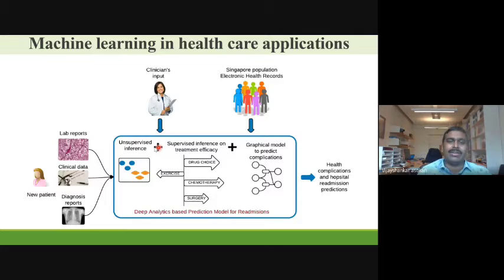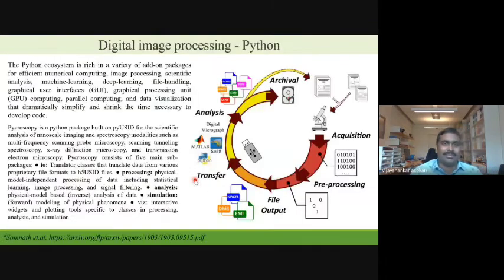Through machine learning advancement, anything can be processed. So this combines physics, biology, and mathematics or software. This is an ongoing development together with imaging and microprocessing.